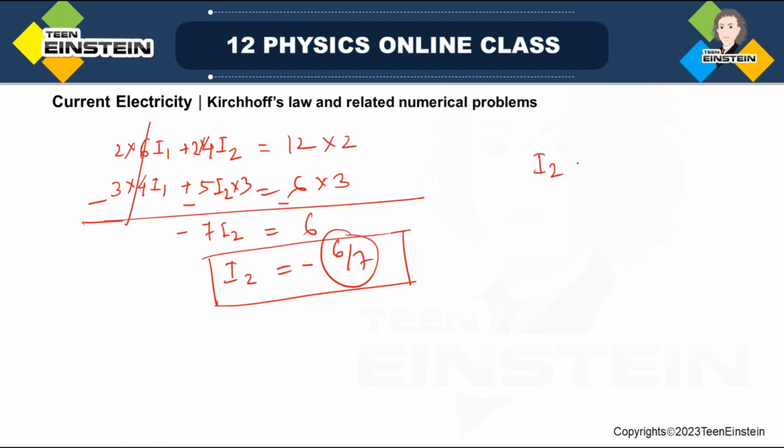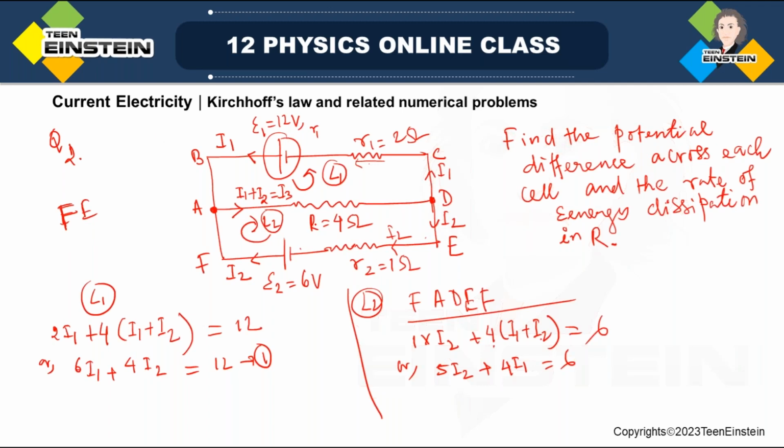So we have found that current will be minus 6 by 7, and that means the current direction, in this case we have taken E to F, but actually current will be flowing from F to E. So that is what it is.